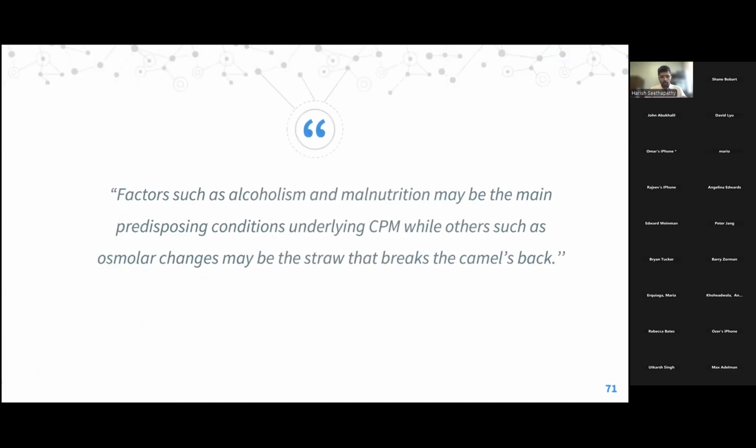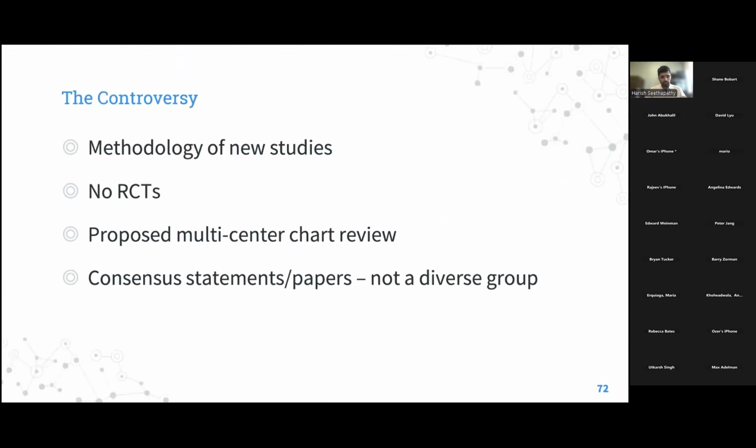So in conclusion on risk factors, I do think factors such as alcoholism and malnutrition may be the main predisposing conditions underlying CPM, while others such as osmolar changes, including sodium changes, may be the straw that breaks the camel's back. You can't say that there's no association between correction rates and CPM based on the data that we have. All we can say is, sometimes it just happens no matter what you try to do.